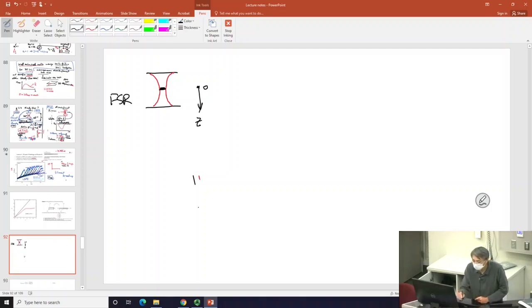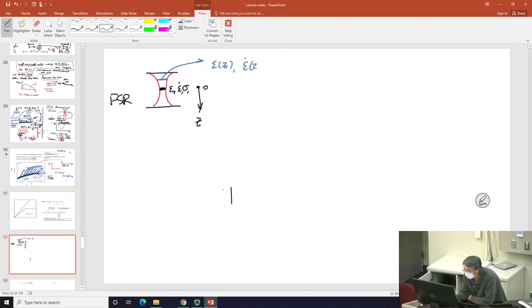Then what you can claim is the following. You are watching this point, and that point, of course, at any moment has certain strand and has certain rate, and for which you have even certain stress. Other points, for example, here, you will have a different strand, a different rate, and a different stress. Yeah, for sure.